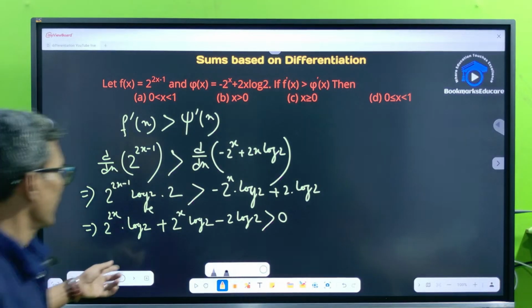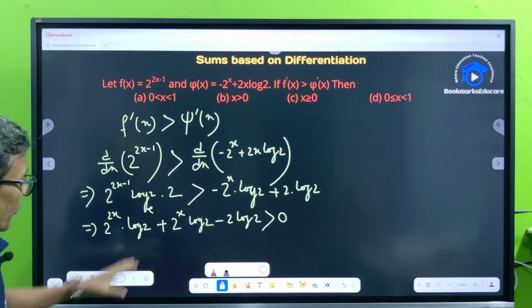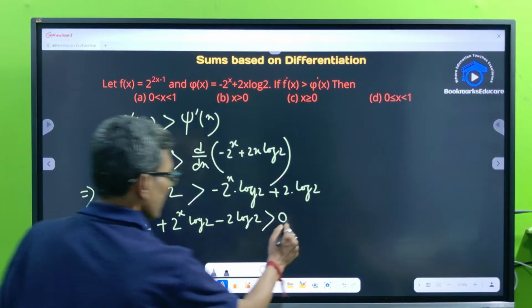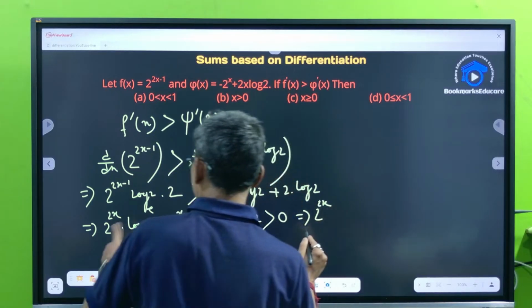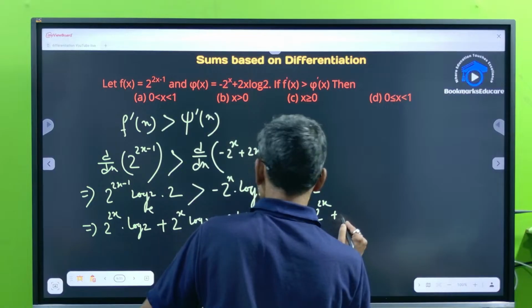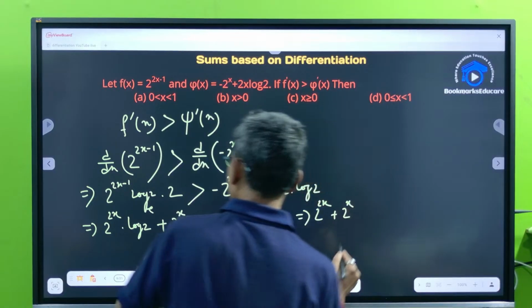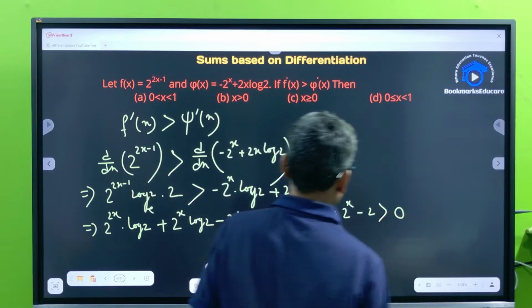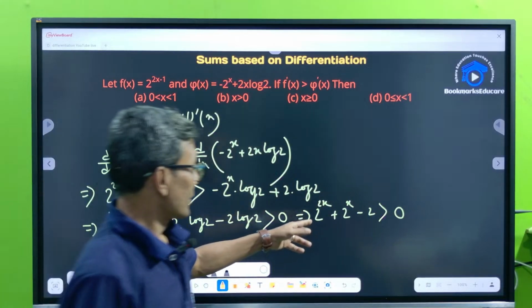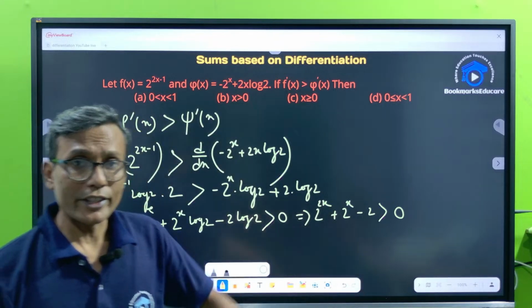If we take log 2 as a common factor, then 2 to the power 2x plus 2 to the power x minus 2 is greater than 0. So this function is in quadratic form.